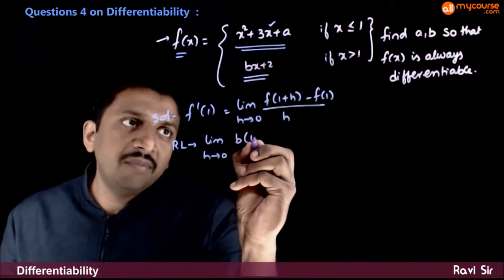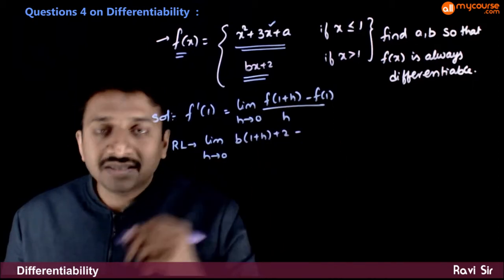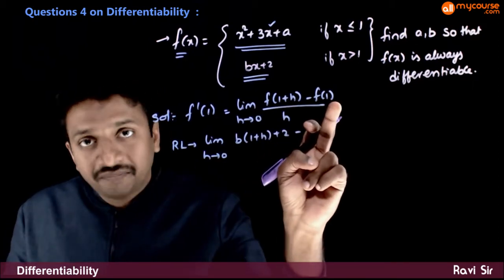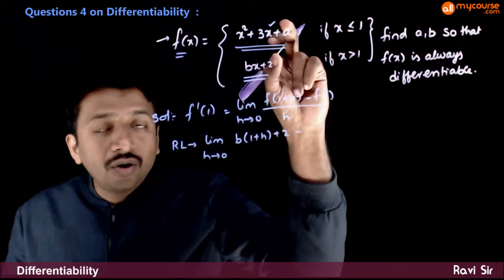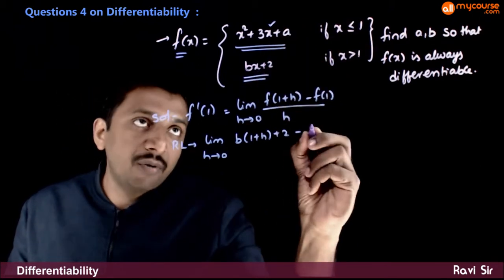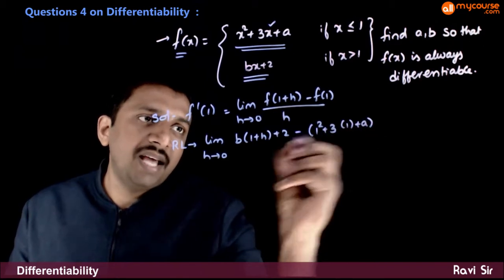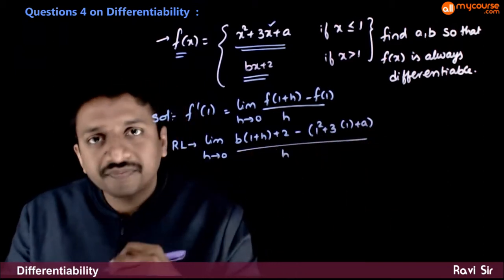So b times (1 plus h) plus 2 minus f(1). f(1) follows this rule, right? Because at x equal to 1 you have this rule. So f(1) is 1 square plus 3 into 1 plus a, by h.